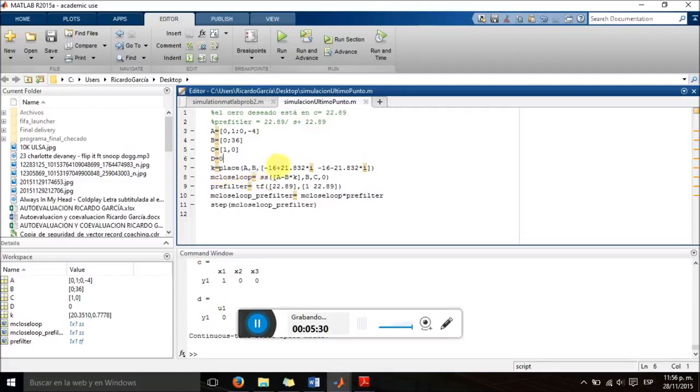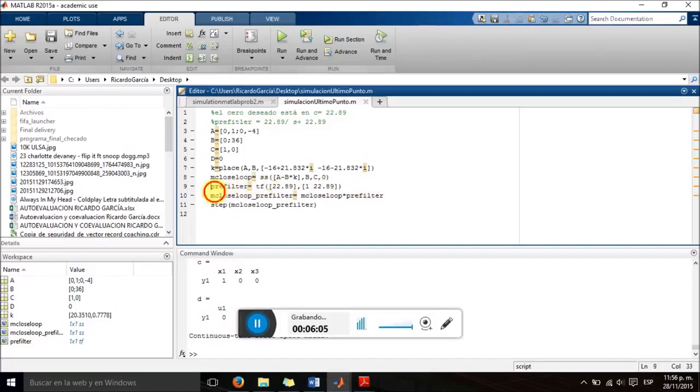In this case, we have an instruction of MATLAB that obtains the value of K that will be some gain modifications in order to make something like a compensator without a compensator. So now we define the instruction of the closed loop as a state space model with these parameters.